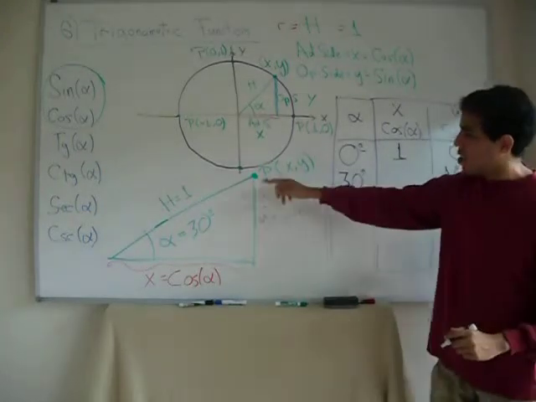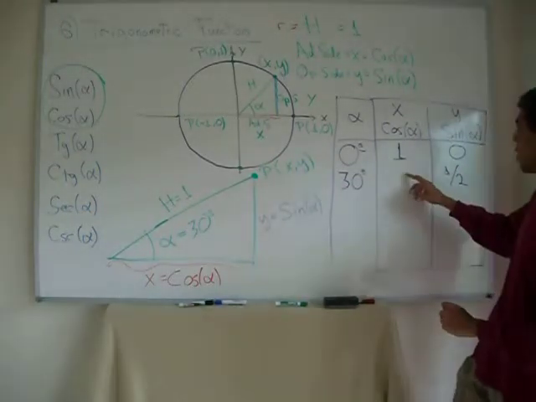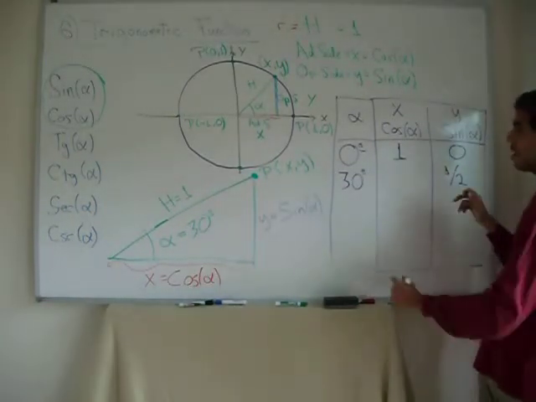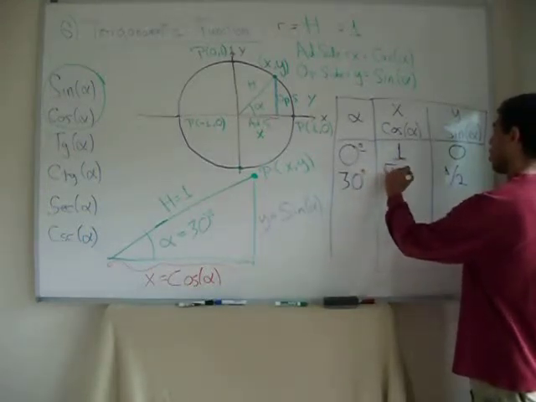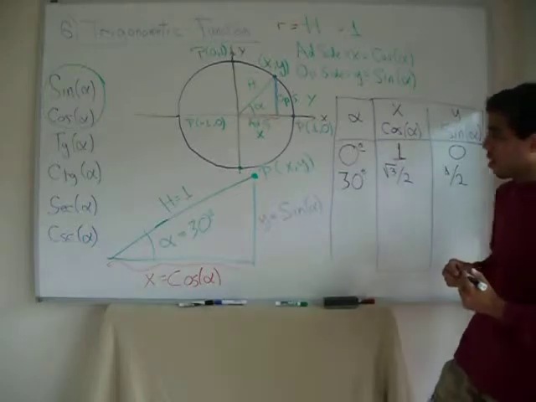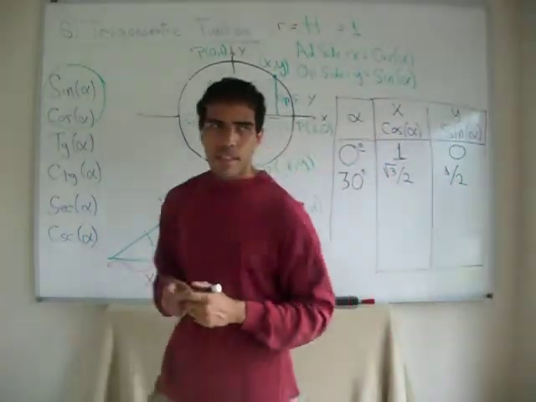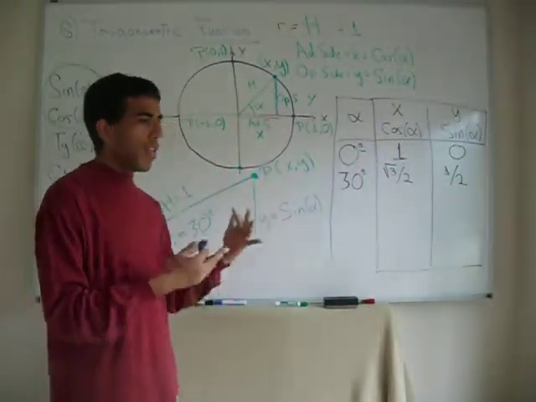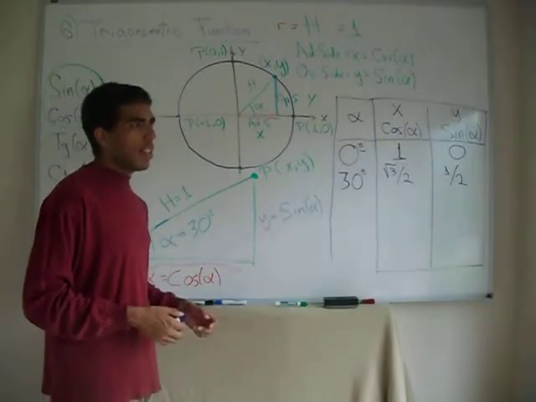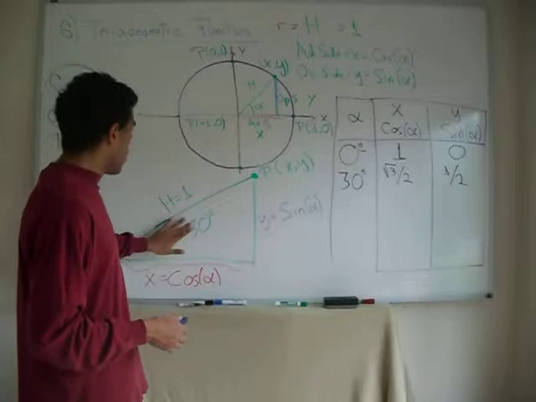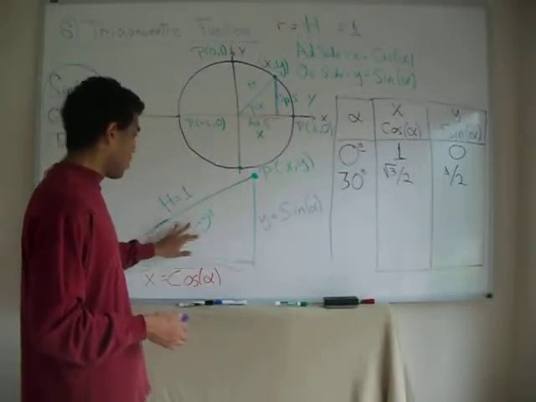This distance y is going to be 1/2, and this distance x is going to be square root of 3 over 2. Again, you can verify this both in your calculator or just by operating a triangle with an angle and a given side. Now, what happens if alpha is 60 degrees?